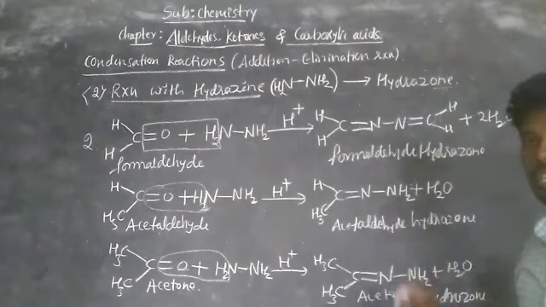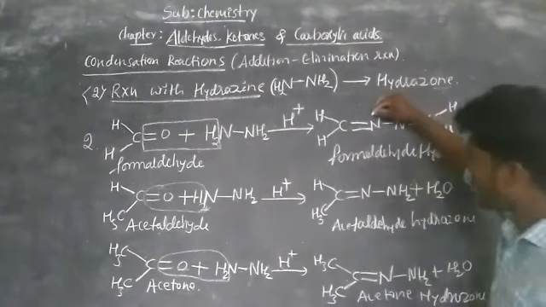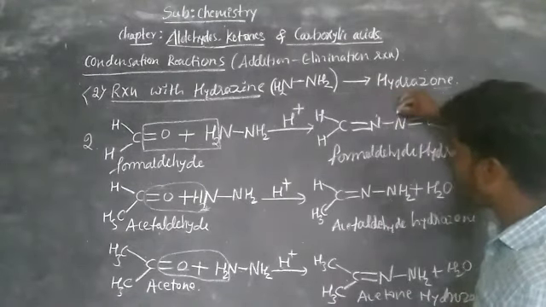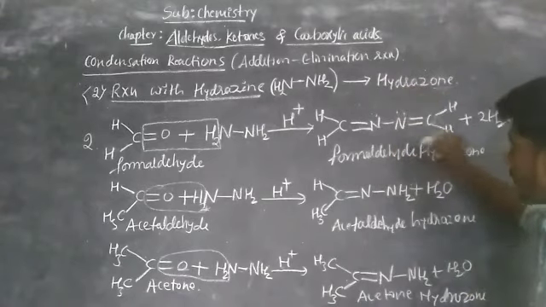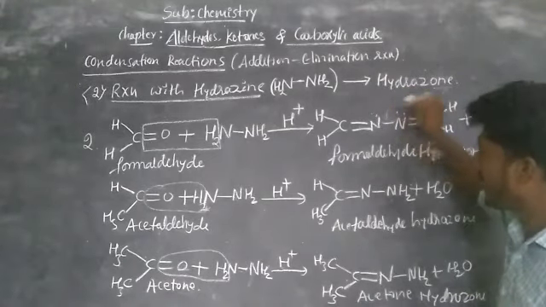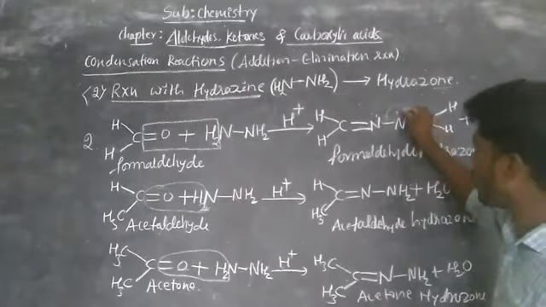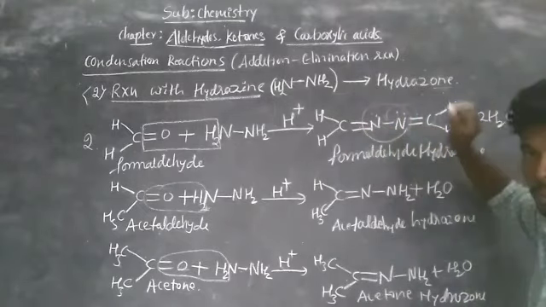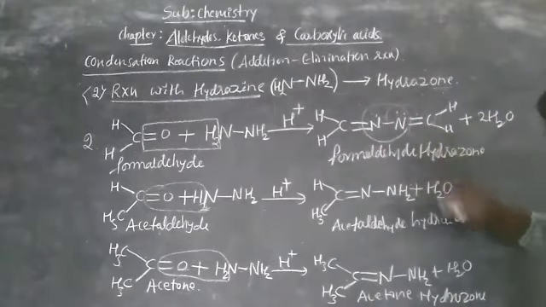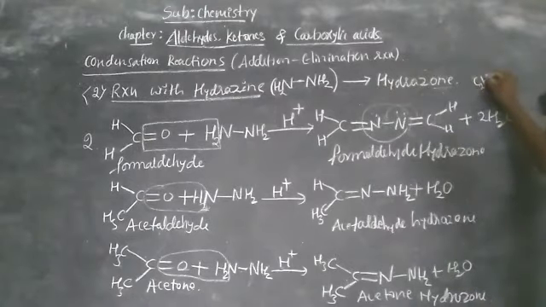Now this is an unstable one, so this nitrogen has a lone pair of electrons, this one is also a lone pair of electrons. Now shifting of bonds takes place and elimination of nitrogen gas N2 and forming a carbon double bond. That is, C2H4 you get plus nitrogen gas.